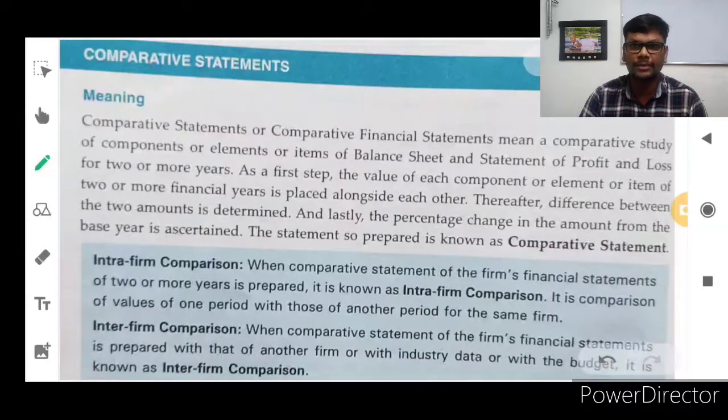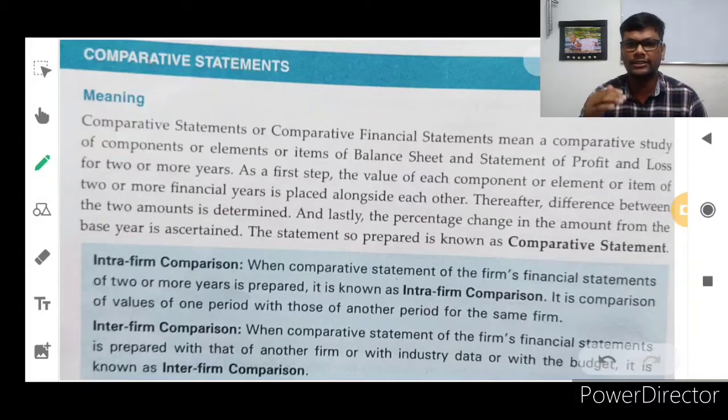So a comparative statement is a comparative study between 2 firms' or 2 years' balance sheets or 2 years' income statements. What is inter-firm comparison and what is intra-firm comparison, we are going to discuss. First one is intra-firm comparison, which means within the firm. Don't confuse the words inter-firm and intra-firm.